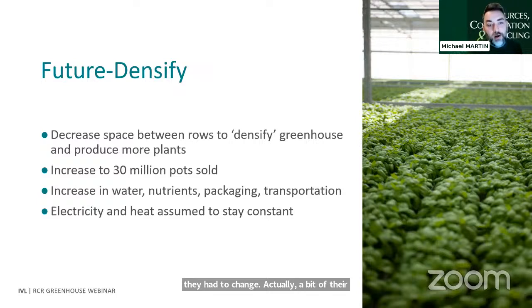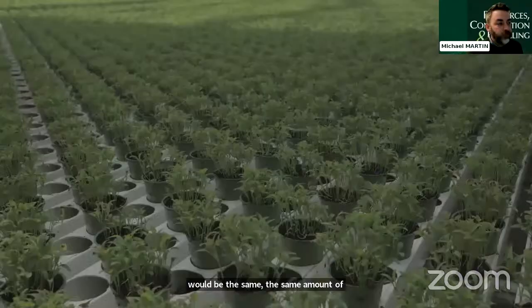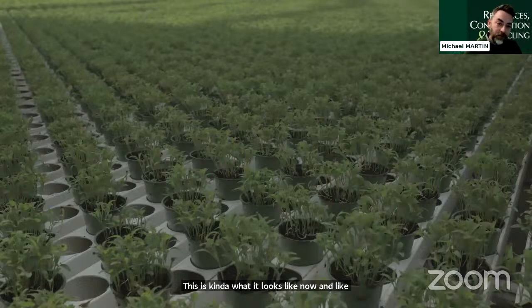But this would then move the production from roughly 20 to 30 million pots sold per year. To do this, we would increase water, nutrients, packaging, and transportation. But what we assumed is that the electricity and heat would stay about the same, as the canopy would have the same amount of lights, etc. This is what it looks like now, and like I said, the rows that you see would squeeze together a little bit.